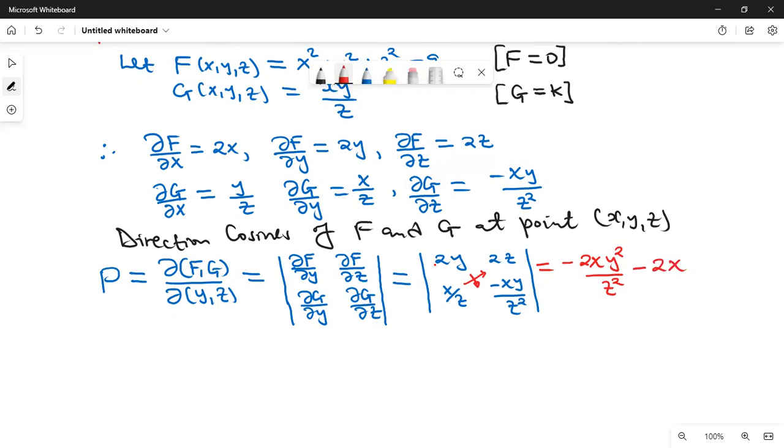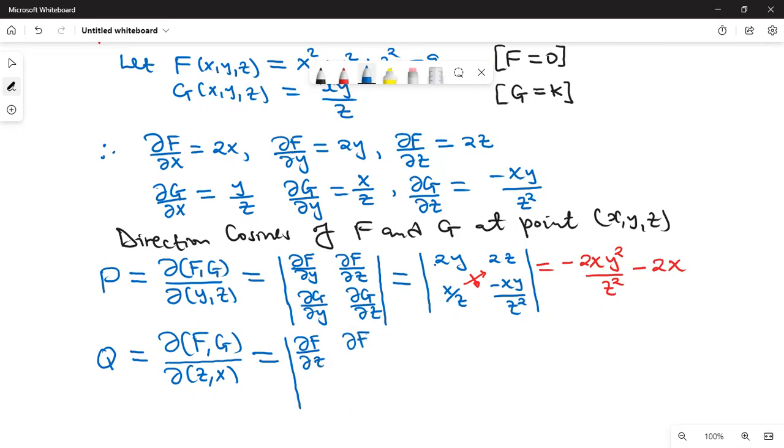Let's find the other direction cosine, the Q capital. This is defined as the Jacobian of f, g with respect to z, x. In terms of determinant, this is written as determinant of f partial z, partial f partial x, that's the first row.